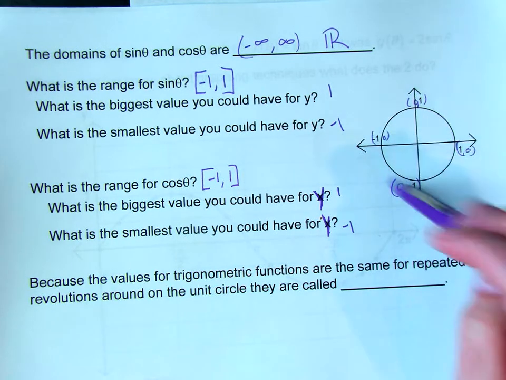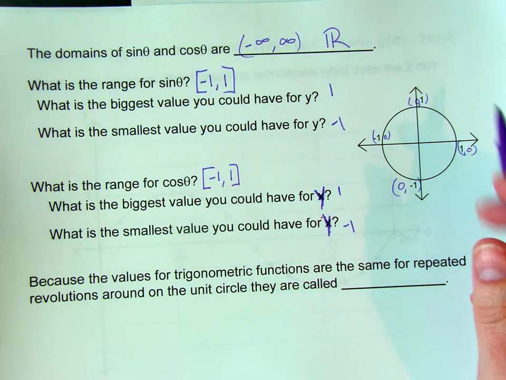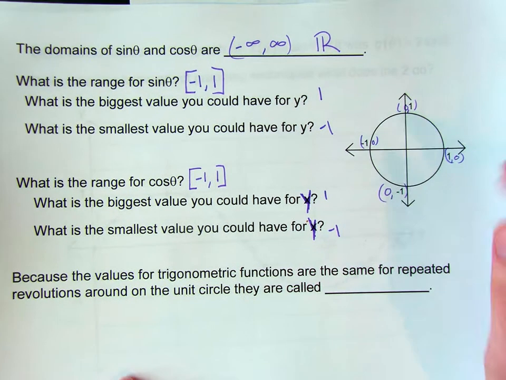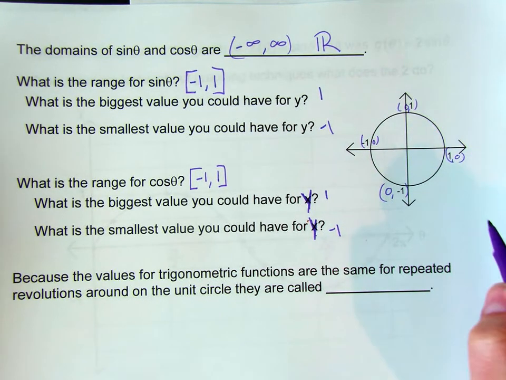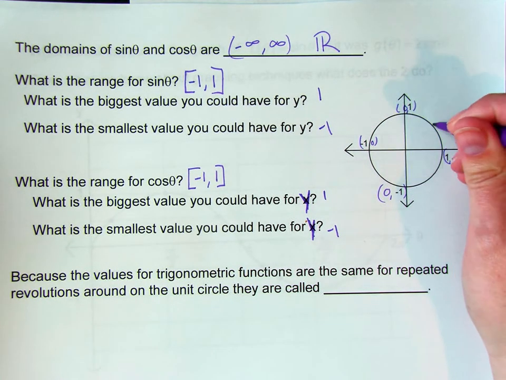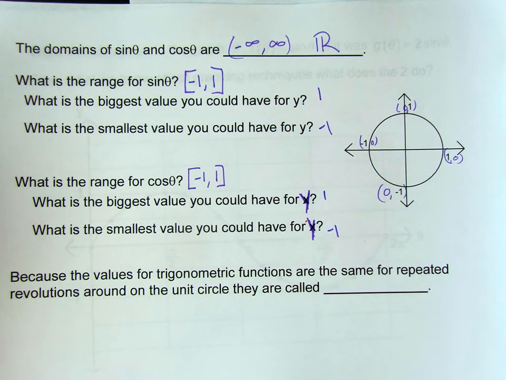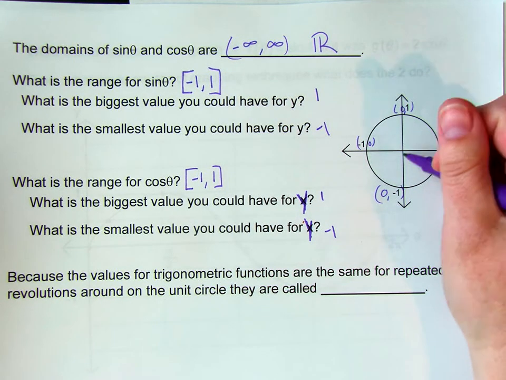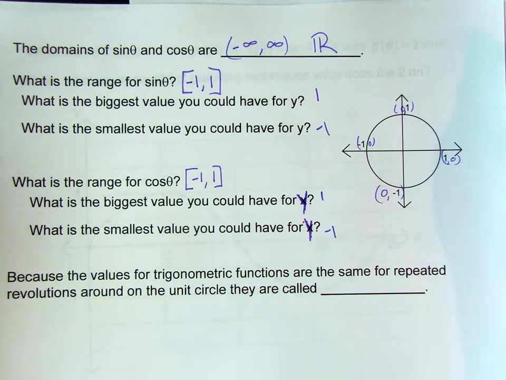Now, if I am looking at the unit circle and I am doing multiple laps around the circle to get higher angles, for instance, what if I asked you for the sine of 400? Well, that is 360 plus another 40. And that would relate back to having the reference angle of 40 degrees.